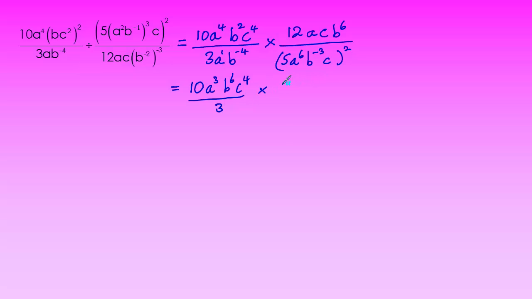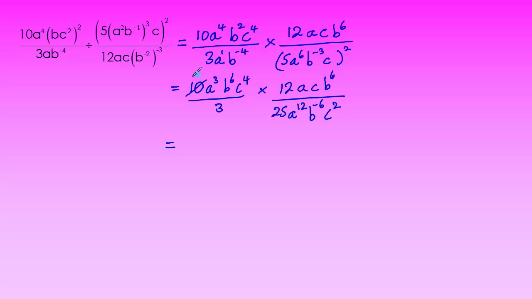And then here we've got 12 a c b to the 6 all over 25, 5 squared, a to the 12 b to the negative 6 c squared.